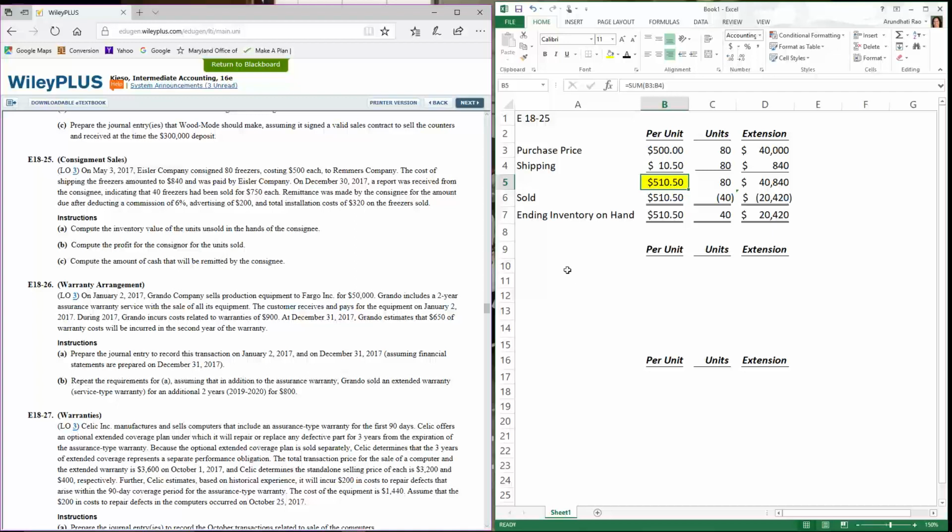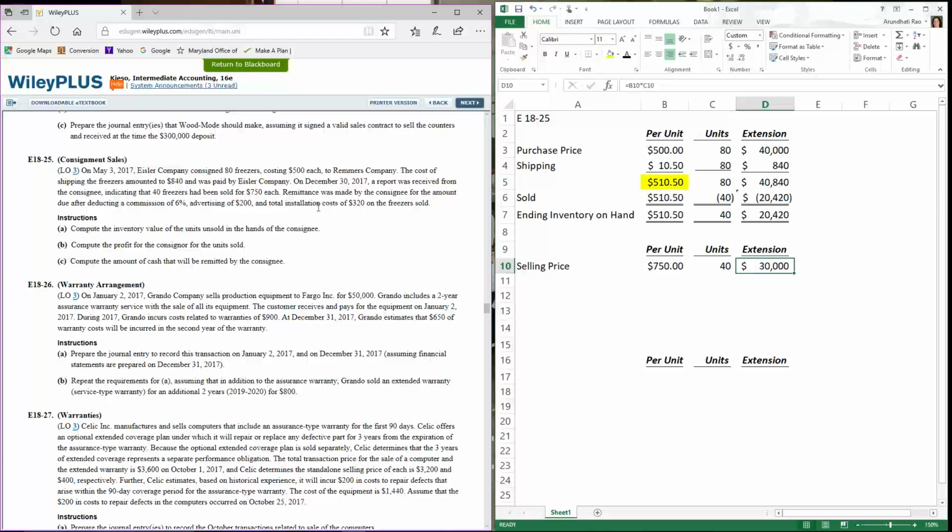Now let's look at the sales side. The agent sold it for us at $750 a freezer. They sold 40 freezers. So how much cash did they collect? They collected $30,000 cash. Now, it would be nice if they gave the entire money to us, but how would they stay in business?